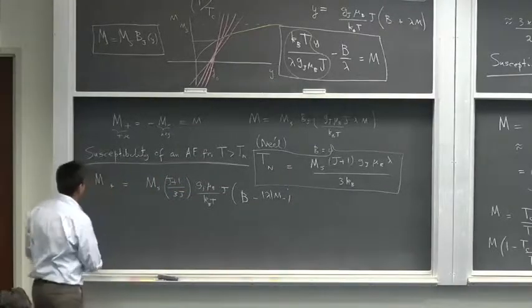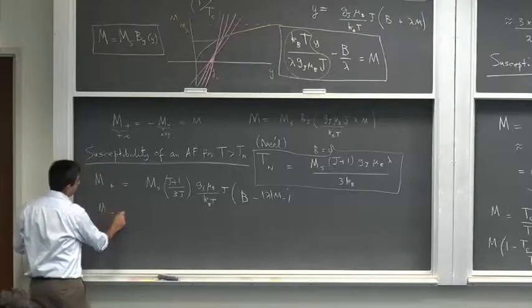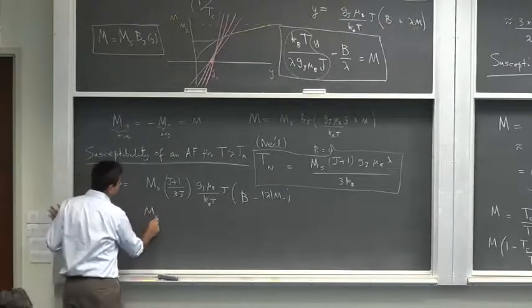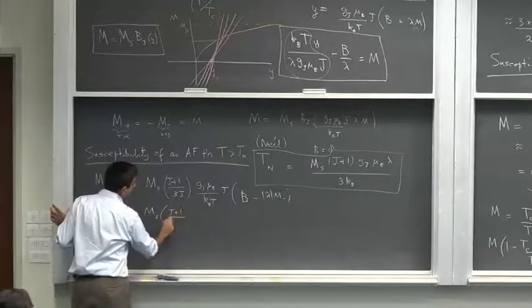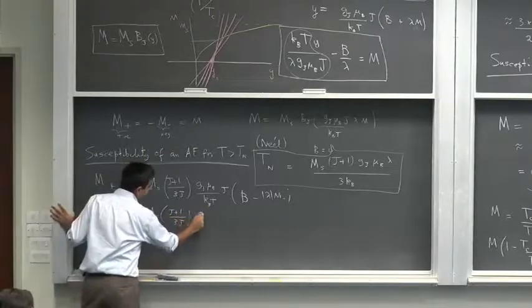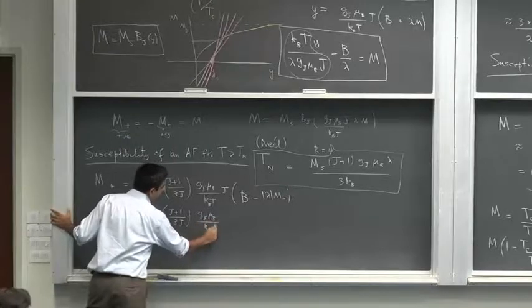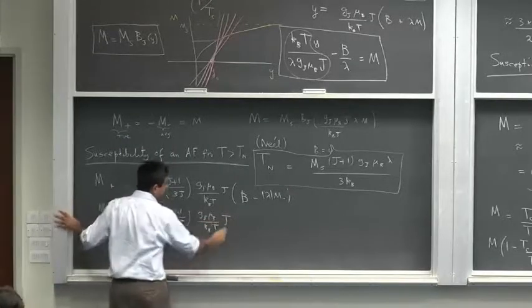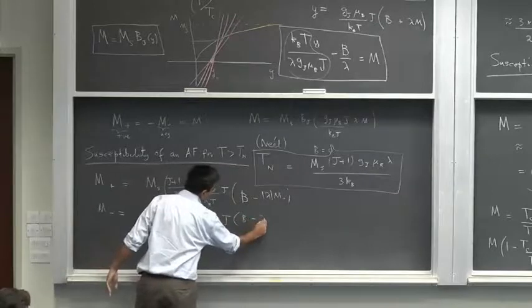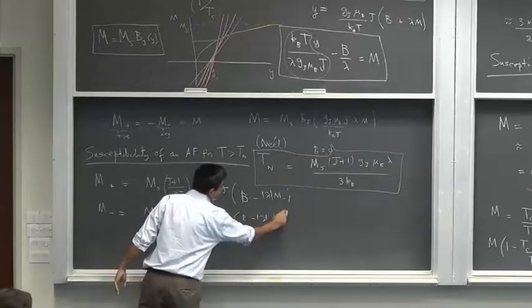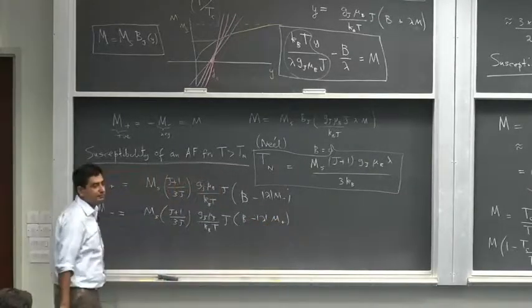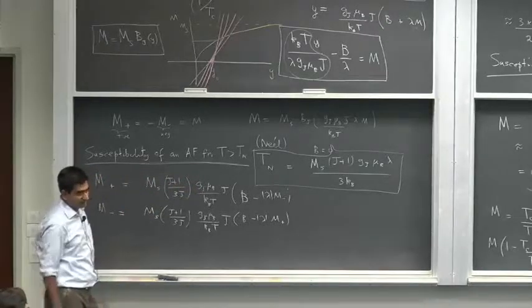M minus is likewise Ms times J plus 1 over 3J times gJ mu B over kBT, times J times B minus lambda M plus. Okay, the expression that I wrote over there.